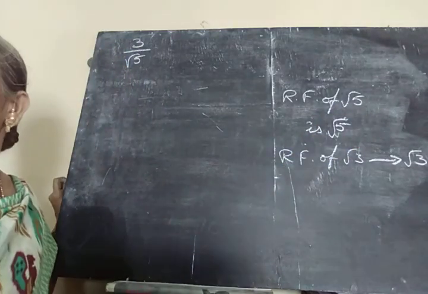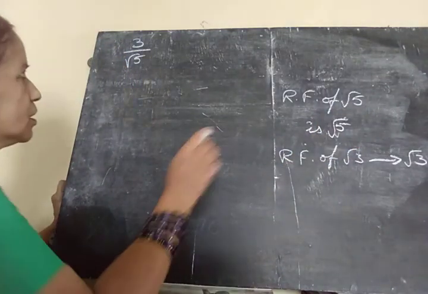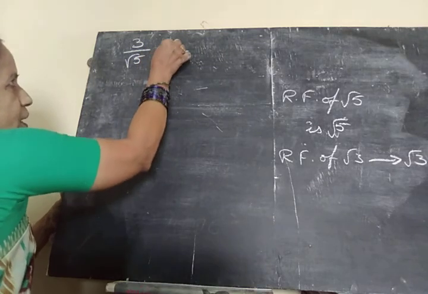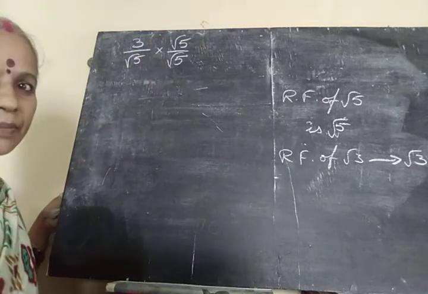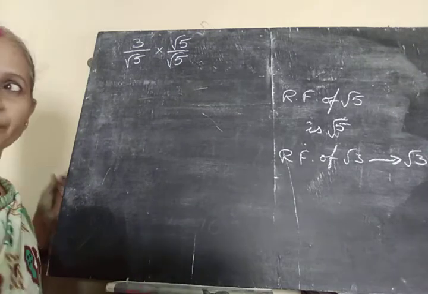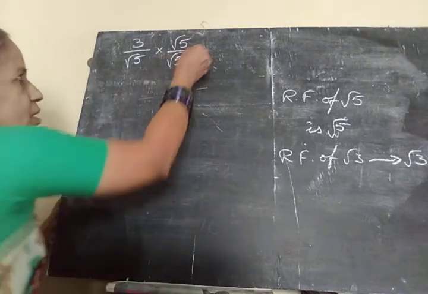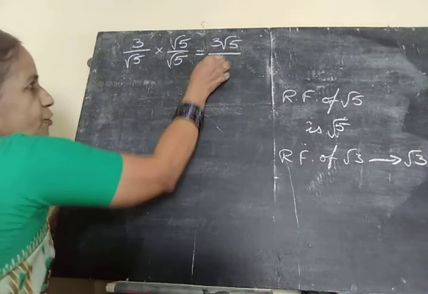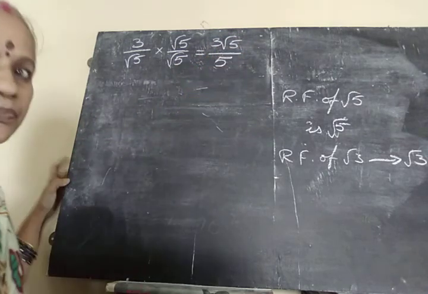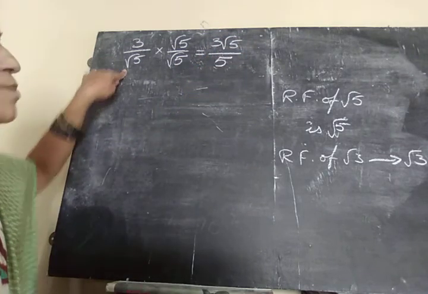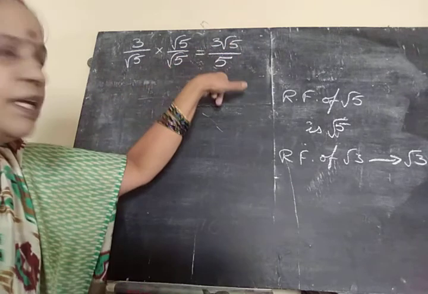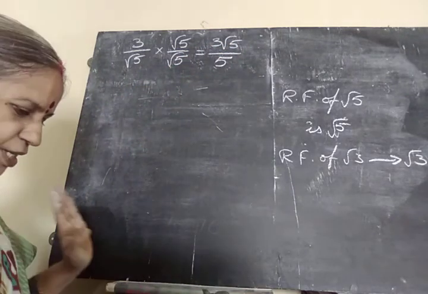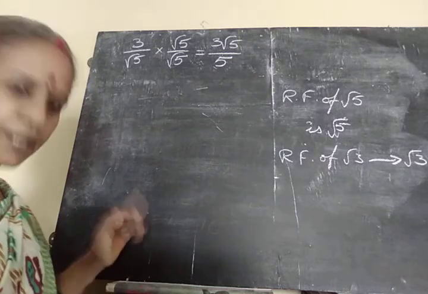So multiply the denominator by root 5 and the numerator also by root 5. 3 root 5 by root 5 into root 5, which is 5. So 3 by root 5 becomes 3 root 5 by 5. Like that you can change the denominator to rationalized.